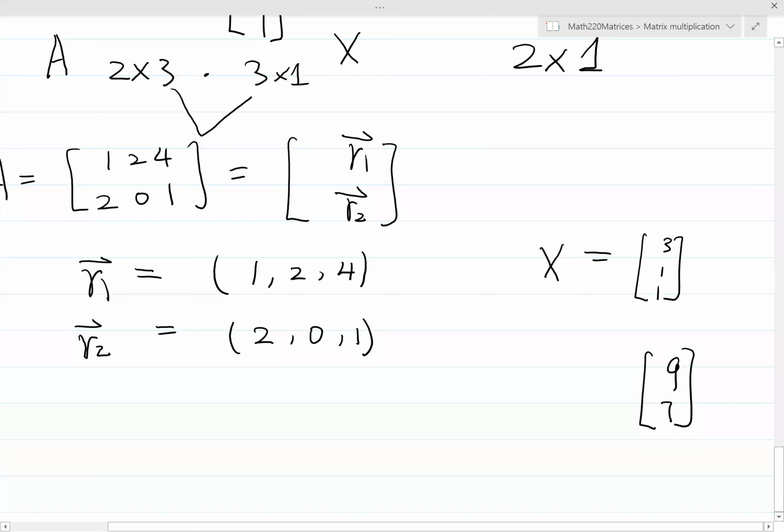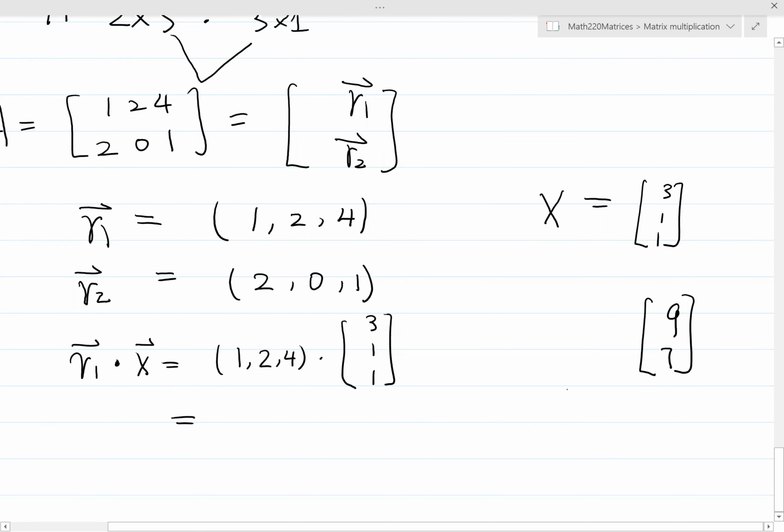The first entry is R1 dot product with x, which is (1, 2, 4) dot (3, 1, 1). So component-wise multiplication, then add them together: 1 times 3 plus 2 times 1 plus 4 times 1. So this is 3 plus 2 plus 4, which is 9, exactly the entry 9.